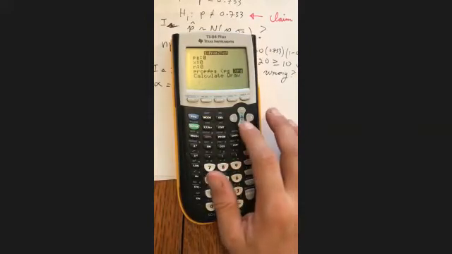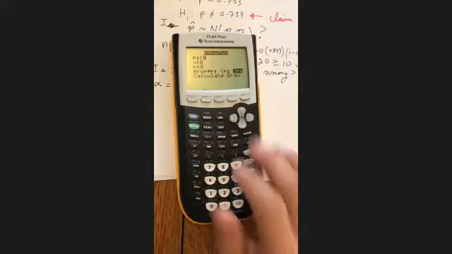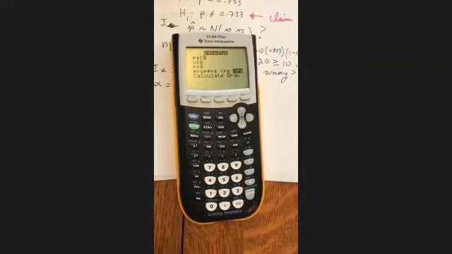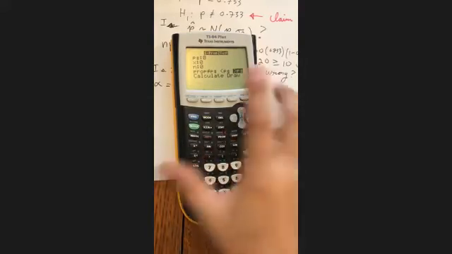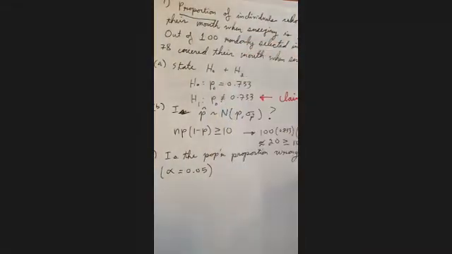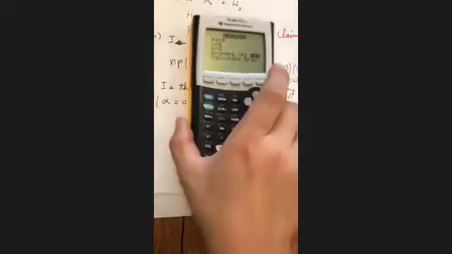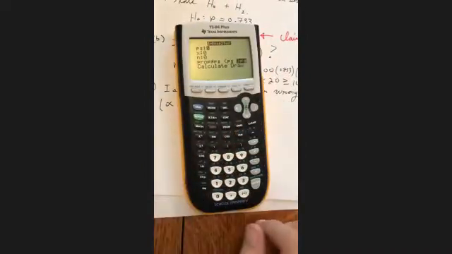I like that. So one proportion z-test. For a one proportion z-test, we need to identify p naught, which is notation that I don't typically use, but that is supposed to be our population proportion. So in order to use the one prop z-test, we need to identify p naught.